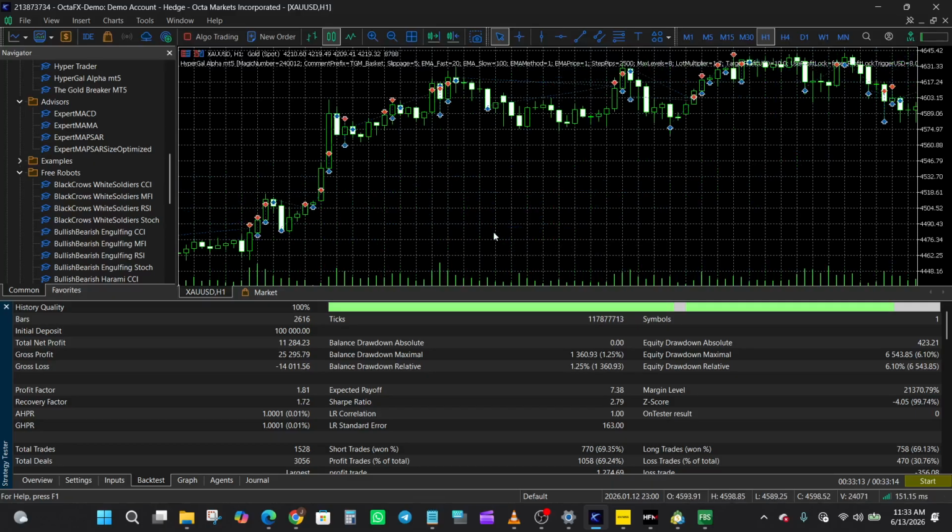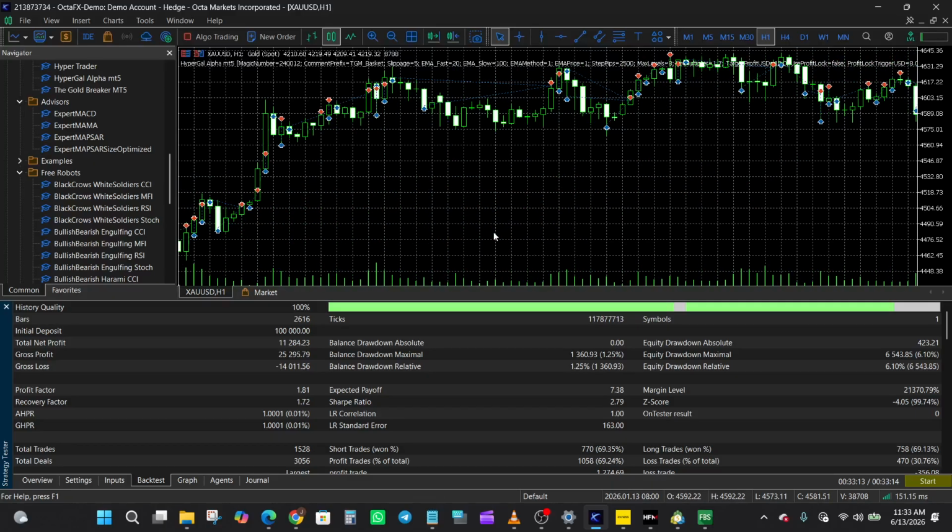Now, I'll still recommend running longer term testing yourself as well, so that you can get a more comprehensive understanding of how the EA behaves across different market conditions. Testing over different symbols, market environments, and account settings can provide a much broader perspective than a single historical test.